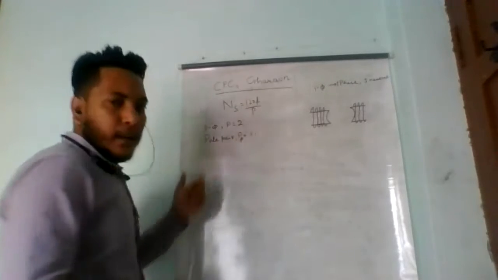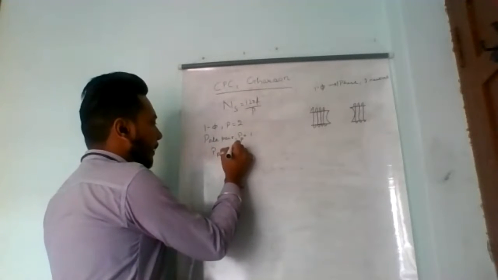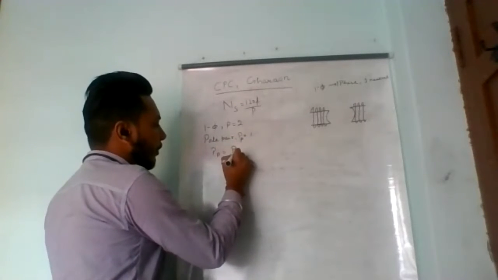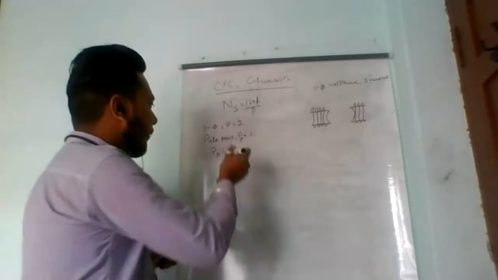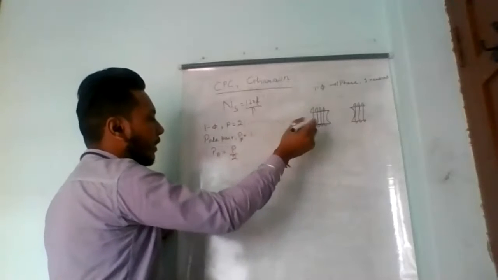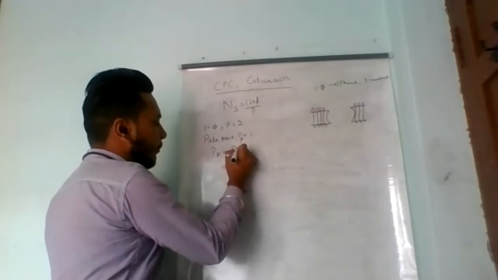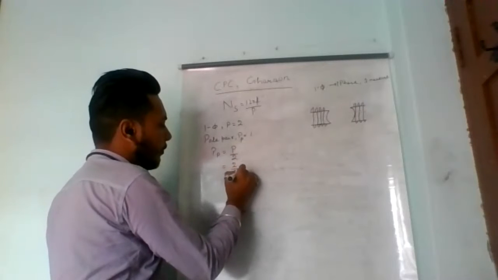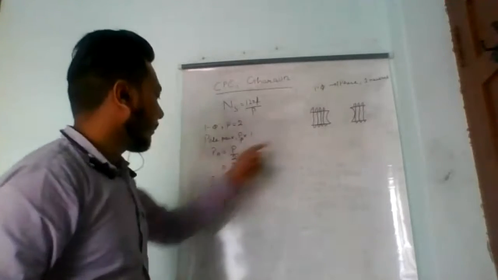And how can we calculate pole pair? Pole pair PP is equal to P upon 2, the number of poles divided by 2. For single phase, the number of poles is 2, so 2 upon 2, and pole pair is equal to 1.